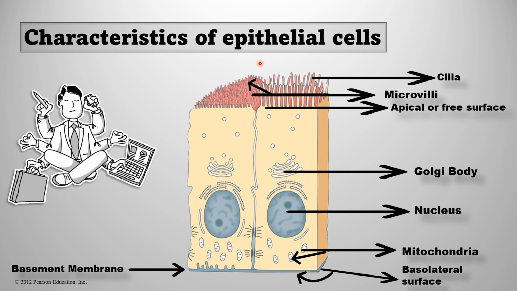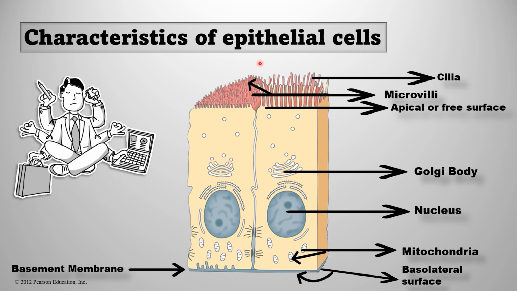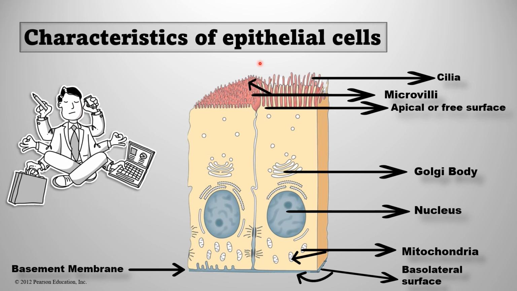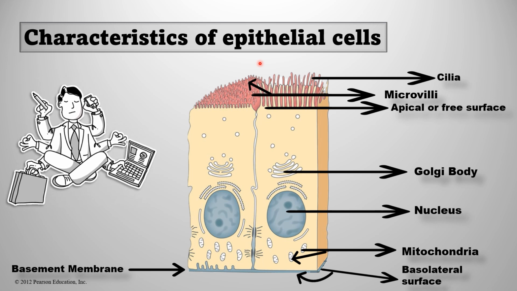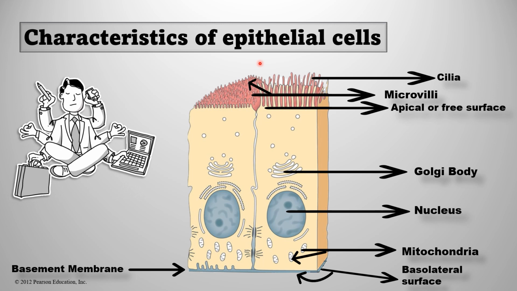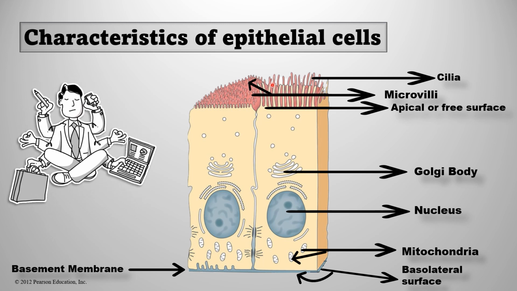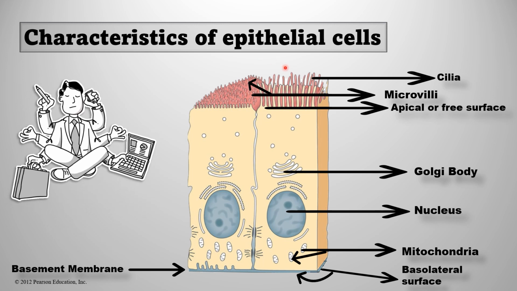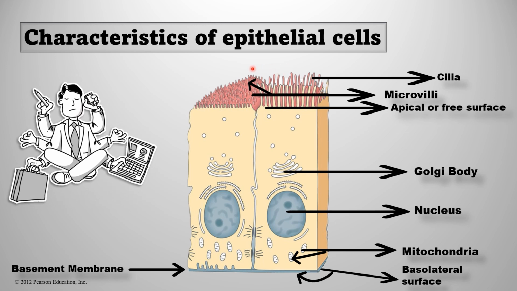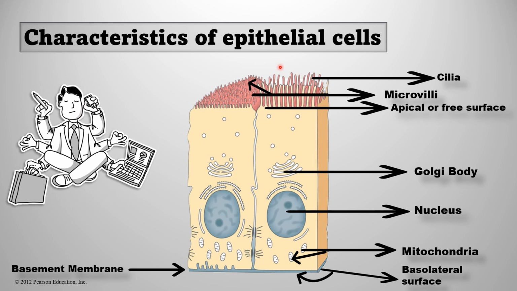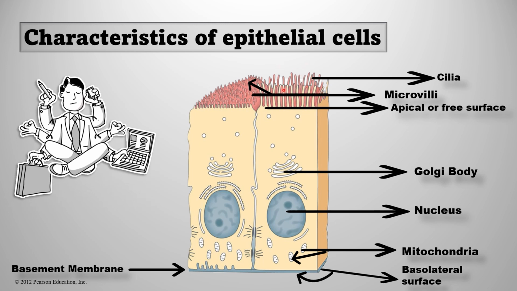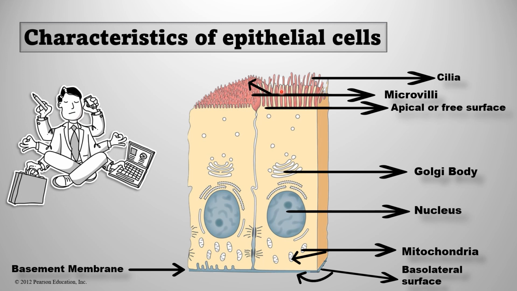The upper part of these cells is facing the outside environment. It might be in the intestine, it might be in any hollow organ. So it faces either the lumen or the cavity, the free space.